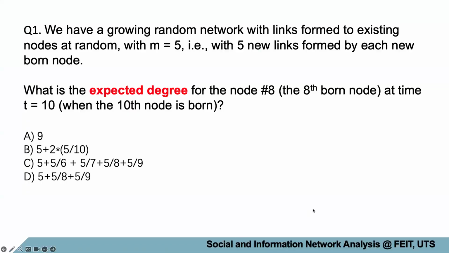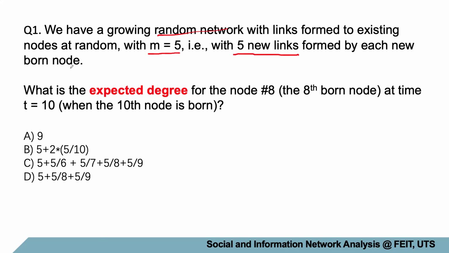So the first question. Let's say we have a growing random network, and the links will be formed to the existing nodes at random, such that for each new node, there will be 5 new links formed between this new node and the existing nodes.